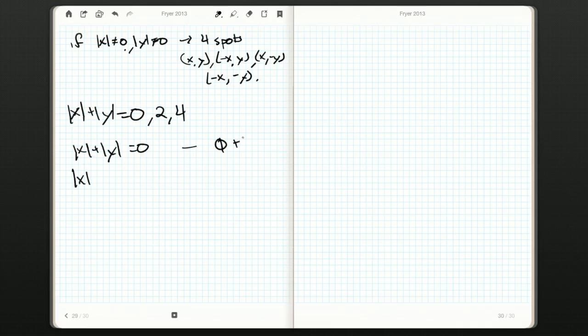That can be 0 plus 0. So that's 1. For the sum equal to 2, we could have 2 plus 0. That gives us 2 spots. We could have 1 plus 1, and that gives us 4. Or we can have 0 plus 2. That gives us 2.